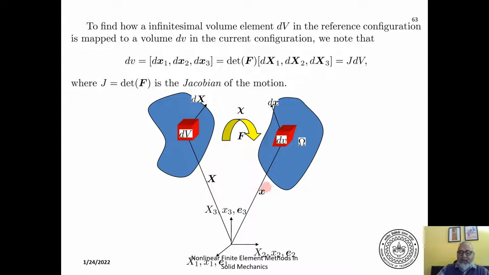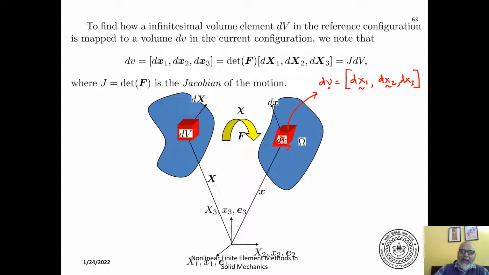Capital X and small x are maps of each other. So to calculate this volume, I'll take vectors along this edge, and this edge, and these vectors are dx1, dx2, and dx3, and the small volume is the triple product of these three vectors.